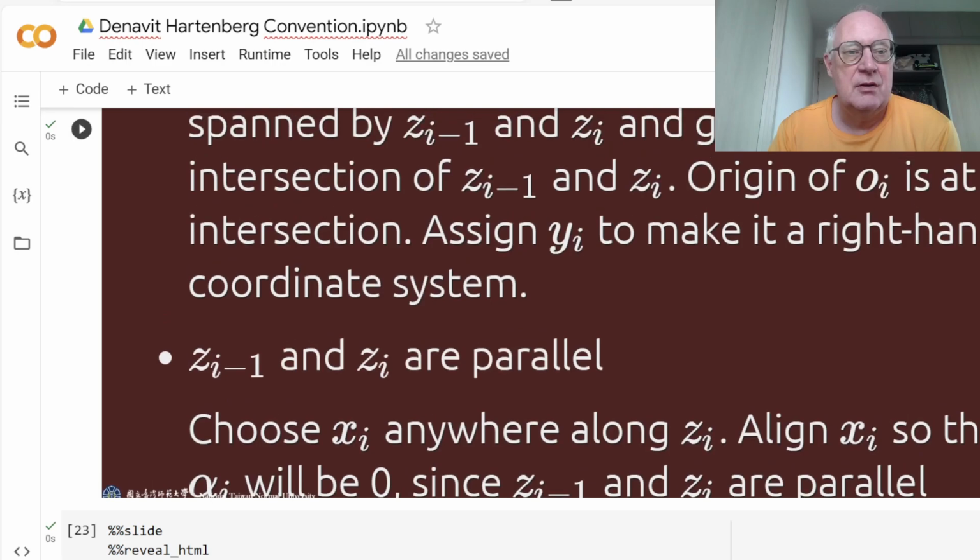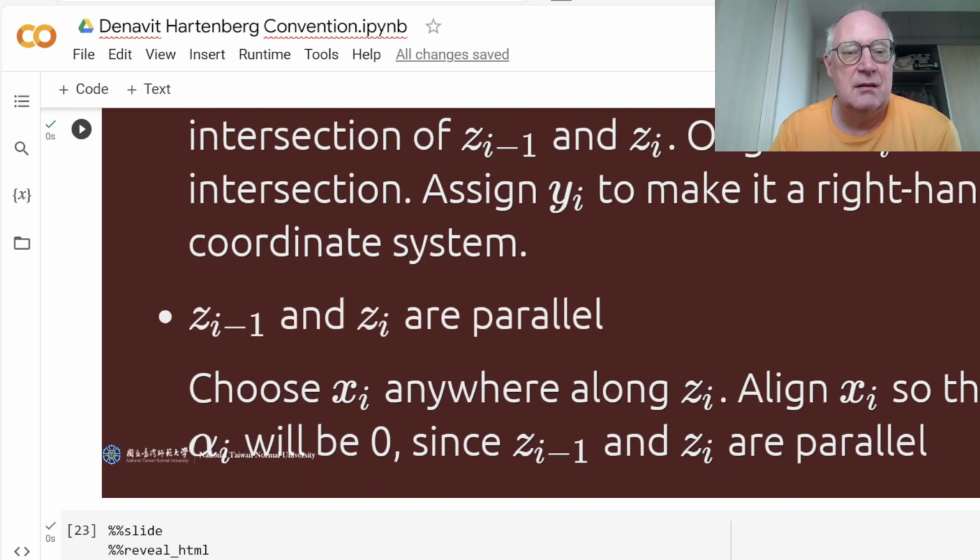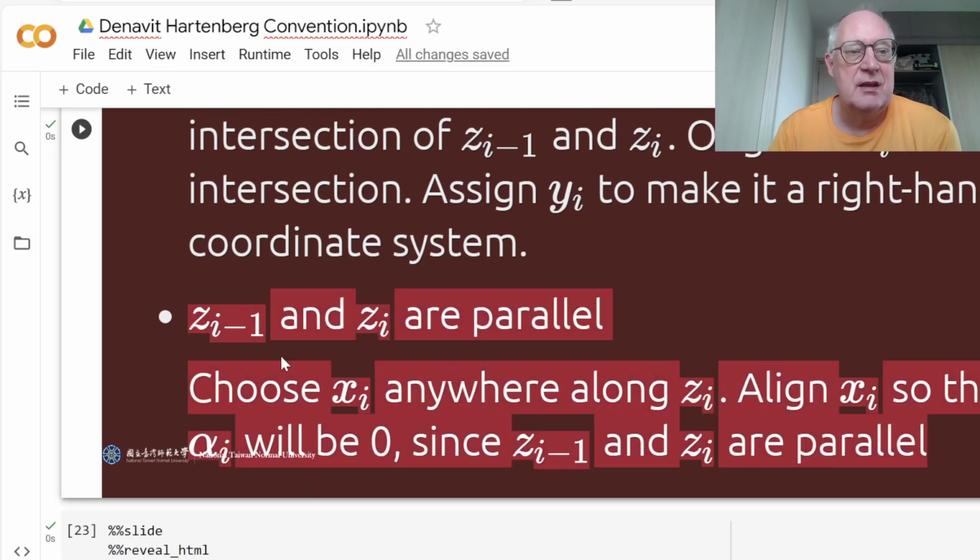So that means that here, if we look at this case here, that's a case that we're dealing with right now. Choose xi anywhere along zi, so we choose it so that di is equal to 0, which means that it's also again not at the servo horn. Alpha i will be 0 because the two z-axes are parallel to each other.